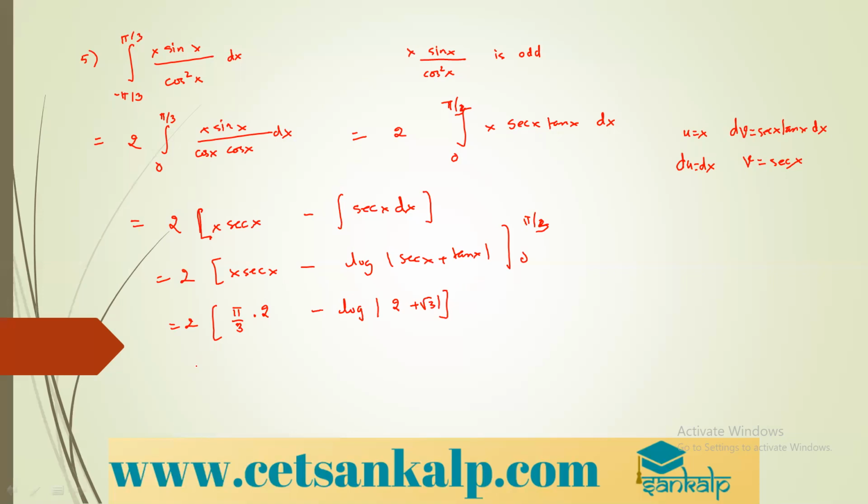Finally, it will become 0. So 2 into 2 pi by 3 minus log 2 plus root 3, which can be written as tan 75 degrees or tan 5 pi by 12, because 2 plus root 3 is the value of tan 75 degrees.